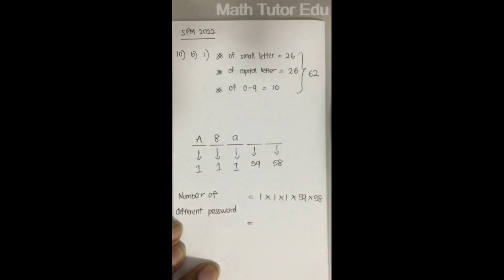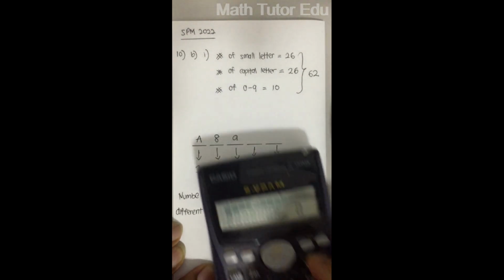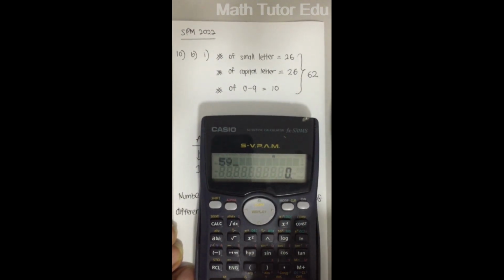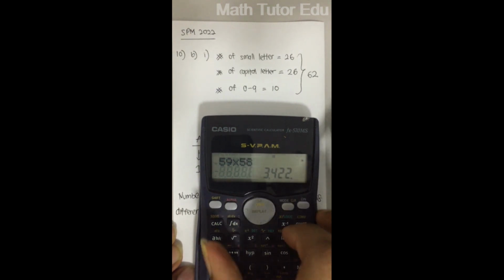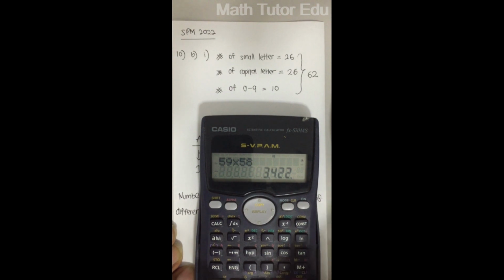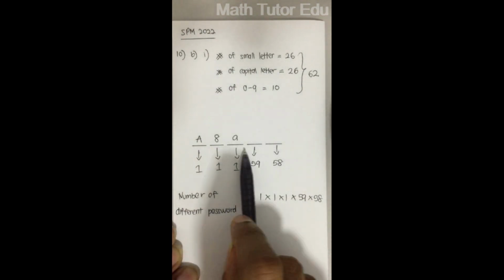Okay, you calculate this. So from here you have to calculate 59 times 58, and you get your answer, 3422. So this is your number of different passwords that you can form by having these three conditions.